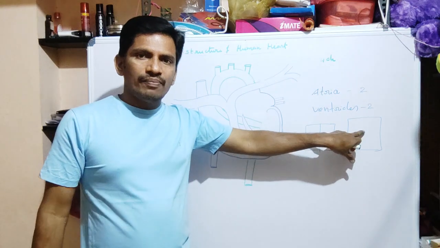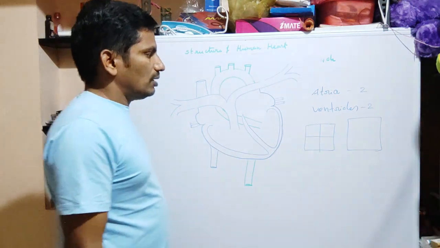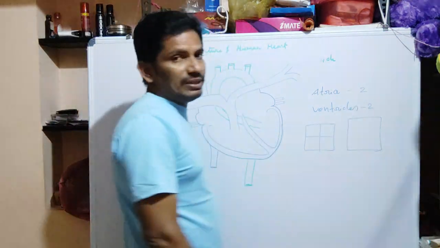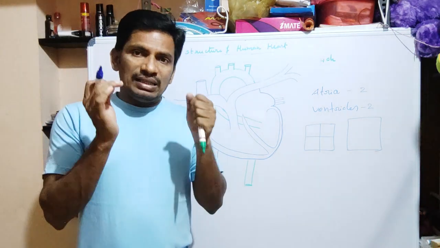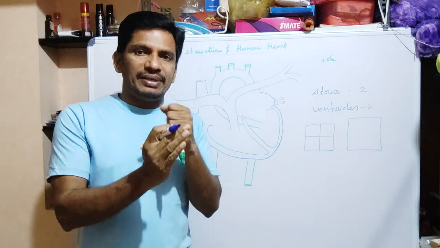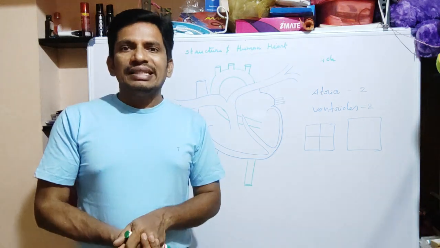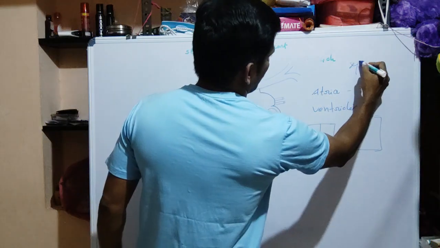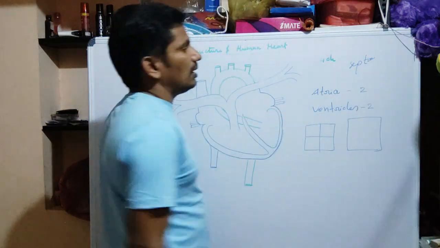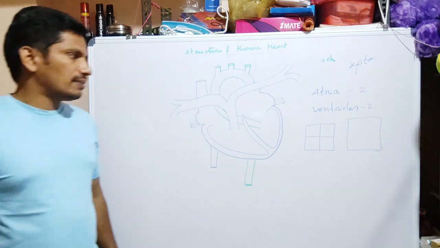This is the heart. Now the heart is internally divided, not externally, internally divided into 4 chambers. The chambers are separated by muscular structures like a wall, which we call septa. Septa are the muscular partitions.